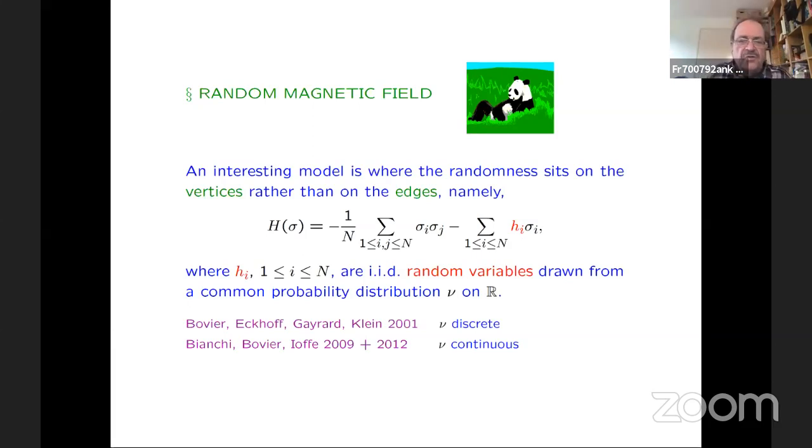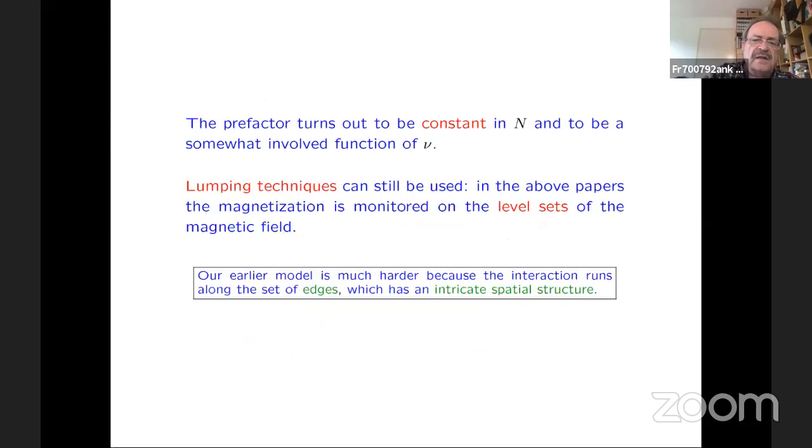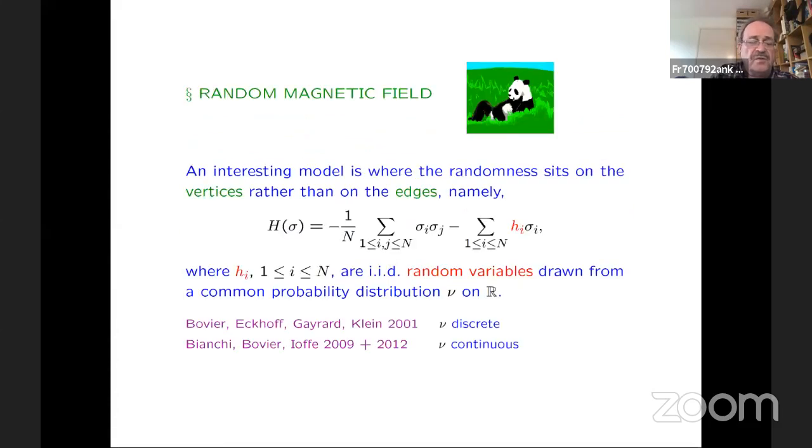And so you're doing still some form of lumping, and that allows you to do various computations. And it turns out that you find something like you find in the Curie-Weiss model, but with a prefactor that is really rather a complicated function of this probability distribution.